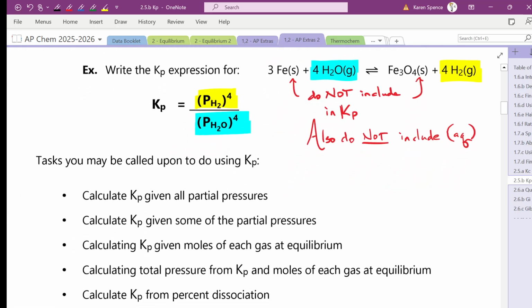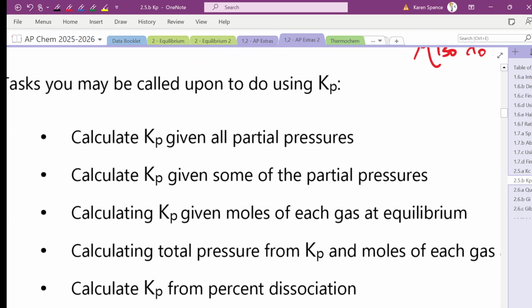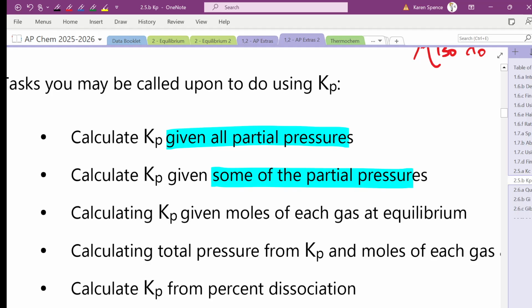So several things you might be asked to do using Kp. Given all the partial pressures, you might be asked to calculate Kp. Given some of the partial pressures, you might be asked to calculate Kp. Given moles of each gas at equilibrium and a volume of a container, well, do you even need volume?